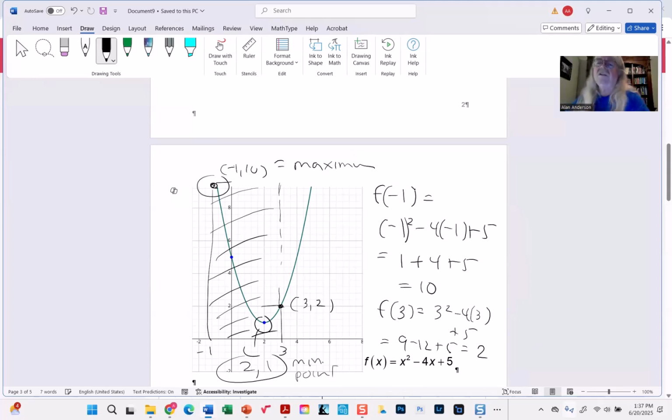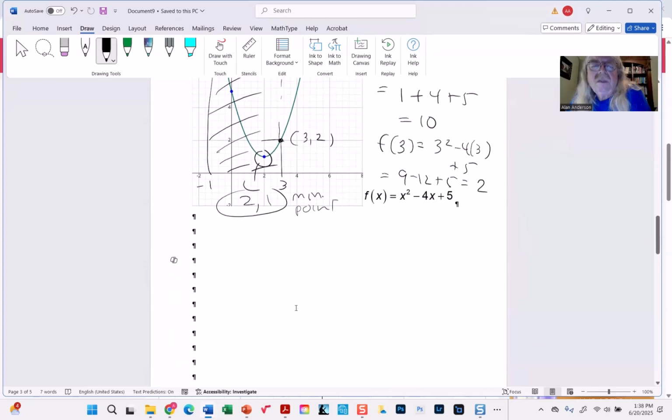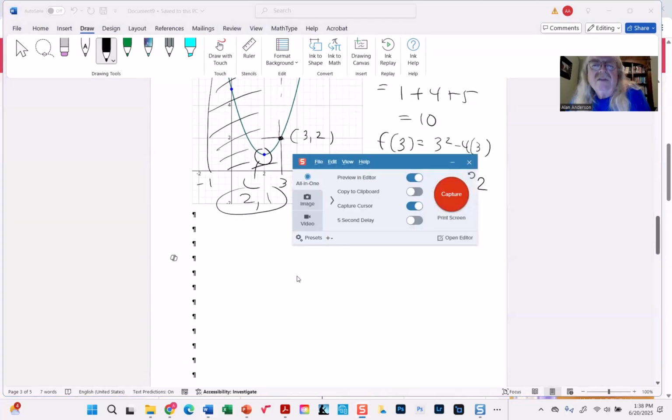Now, of course, we're going to use very sophisticated techniques to find these points. We're not going to be looking at a graph, but to get this ball rolling, they want us to just look at the graphs and see if it makes sense where to find the minimum and maximum points. All right, what else did they give us?